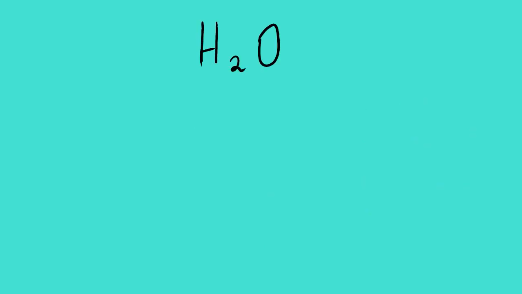Let us quickly look at the Lewis dot diagram of H2O. So we are going to have oxygen and 2 hydrogen. So oxygen has a total number of 6 electrons.